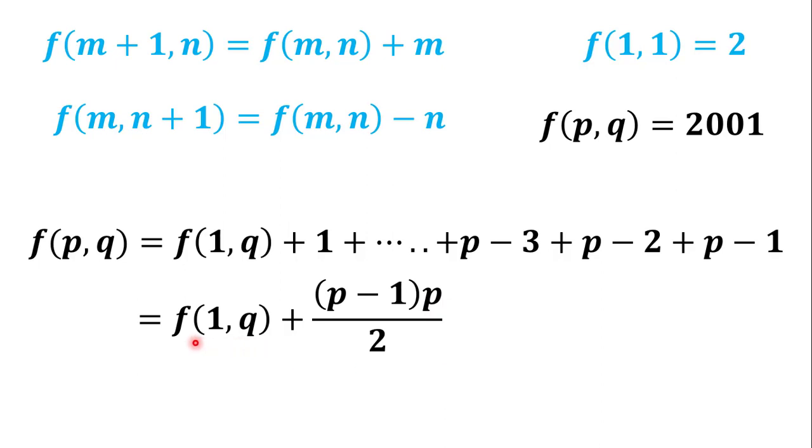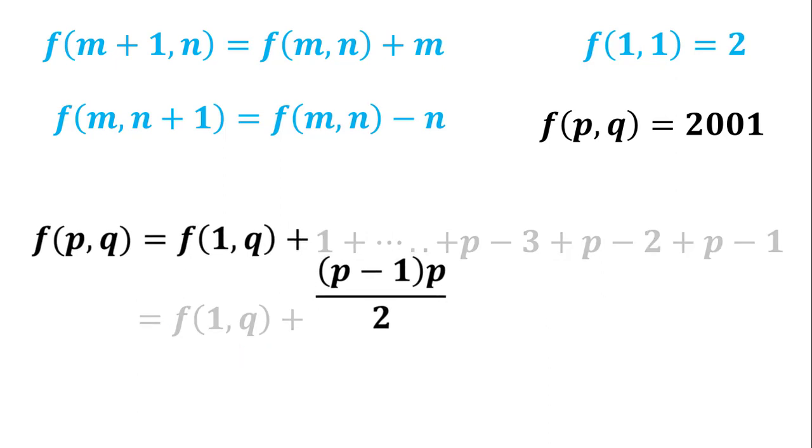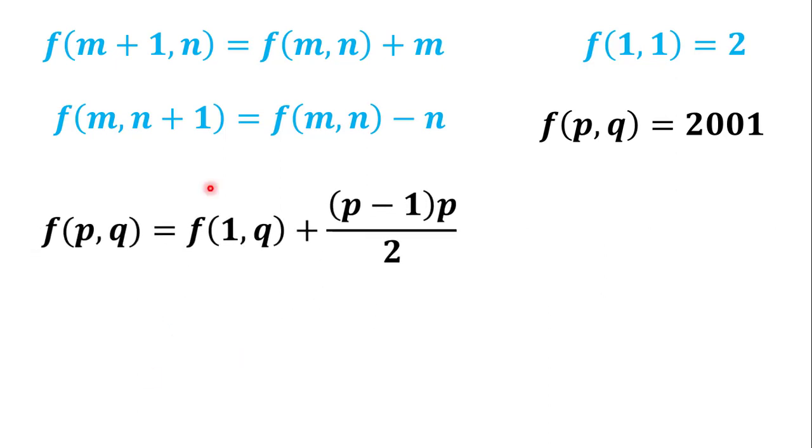Now, we want to find f of 1 and q by using the second equation. We want to make f of 1 and 1 appear in our expression. If we put n plus 1 equals q, n is going to be q minus 1.